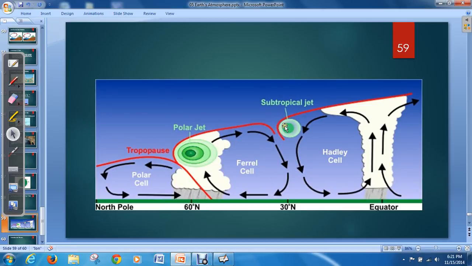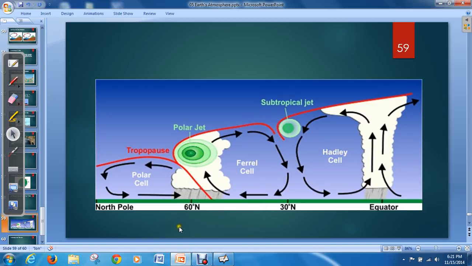You can think of these jet streams as coming from the meeting points of the convection cells, because there's not a lot of resistance in that area, and air can move pretty fast through those meeting points. So here's a polar jet, here's the subtropical jet, which is probably what we call the jet stream. And so it's just a very complex situation because of these convection cells and the Coriolis effect.